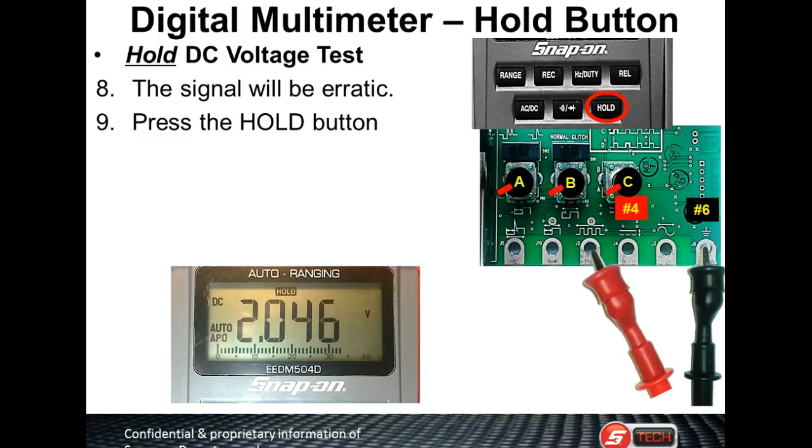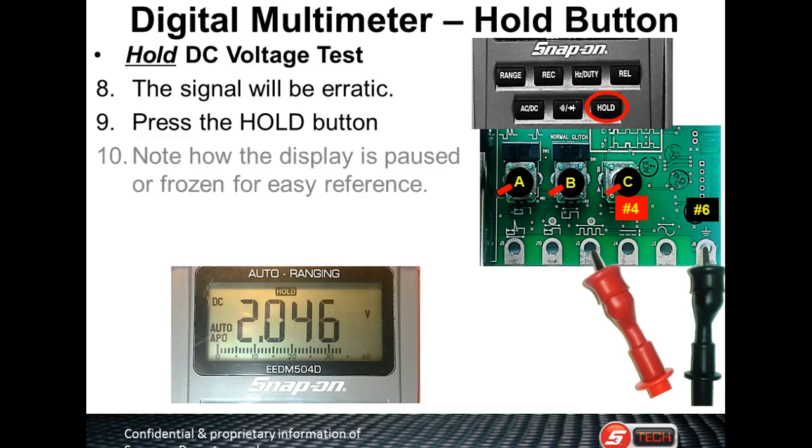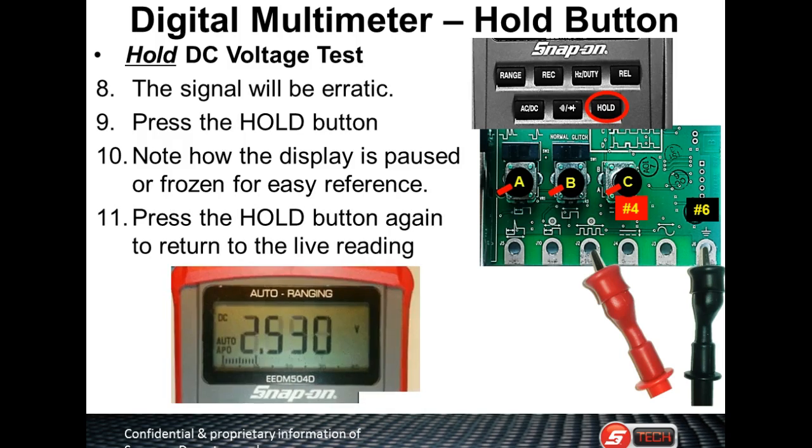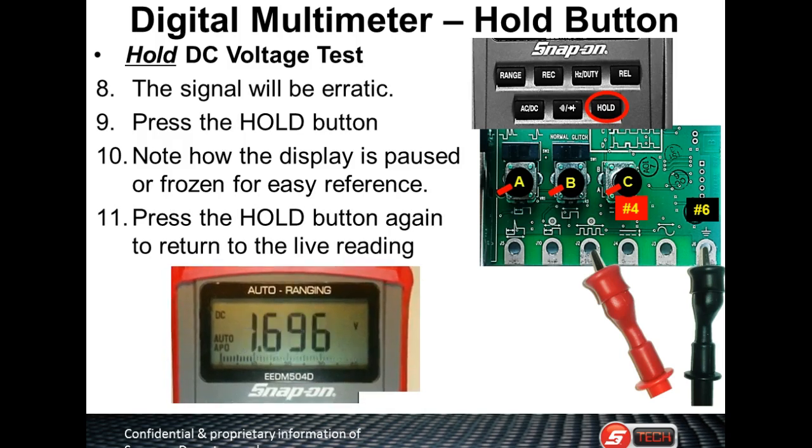Does it freeze at the same thing all the time? Yeah. So what happens is wherever you happen to press that button, that's where it's going to freeze it. Note how the display is paused or frozen for easy reference. If you press it and release it, it's probably going to freeze at a different amount. And if you press and hold again, you'll get the live feature.